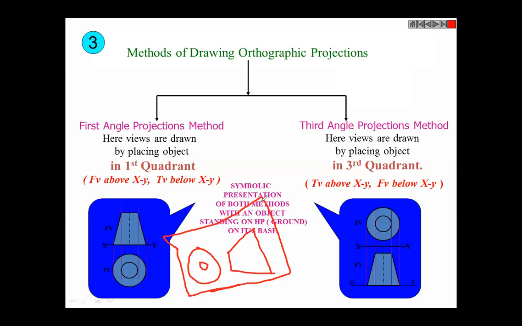Third angle. Why? First, quickly answer. Top view is above XY. There is no top view in this, first of all.